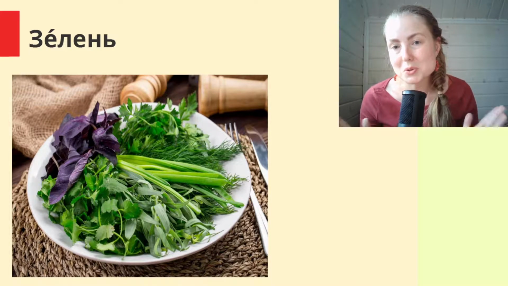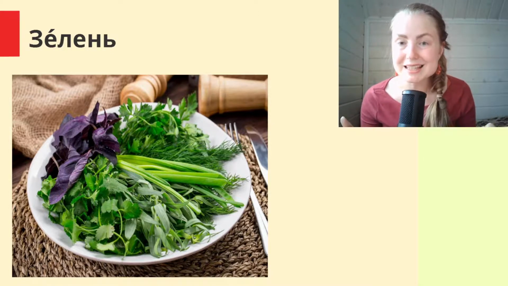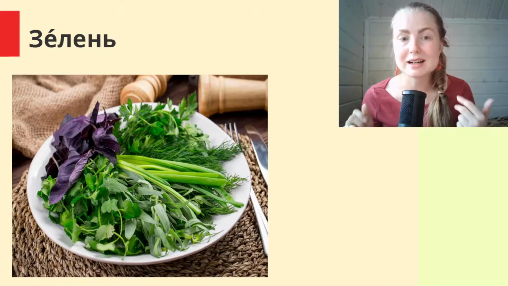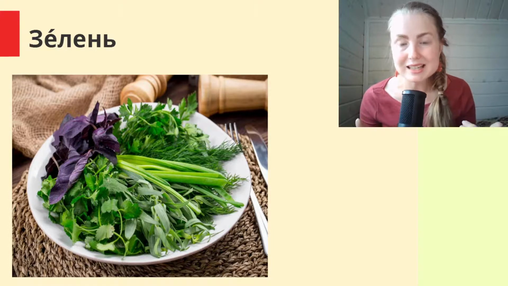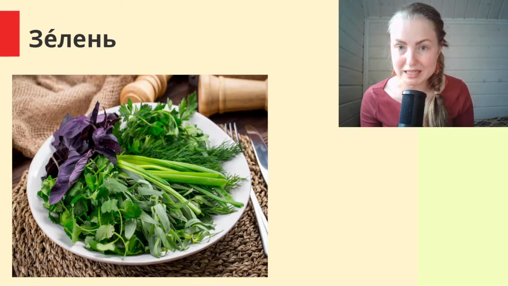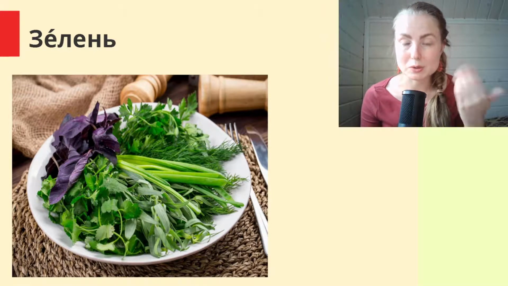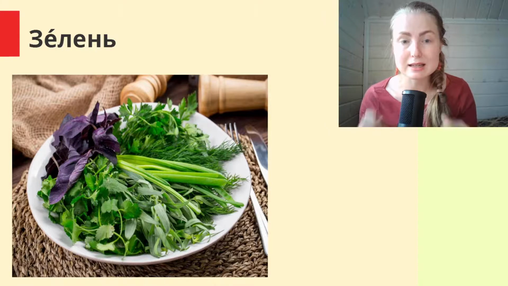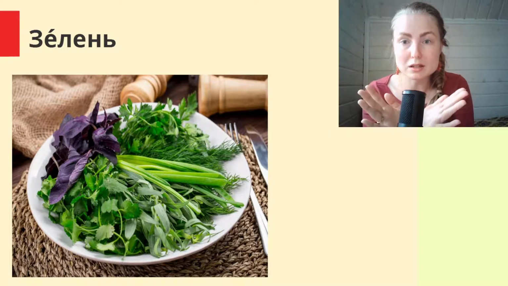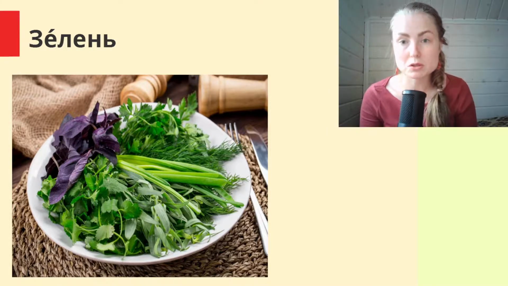And if you know colors in Russian, you understood that zelen comes from the Russian color green. It means зеленый. So zelen is all green grasses which we use for cooking.